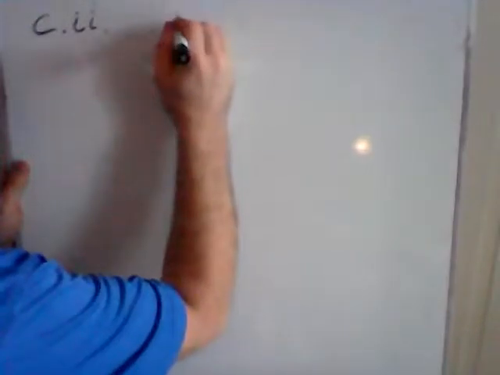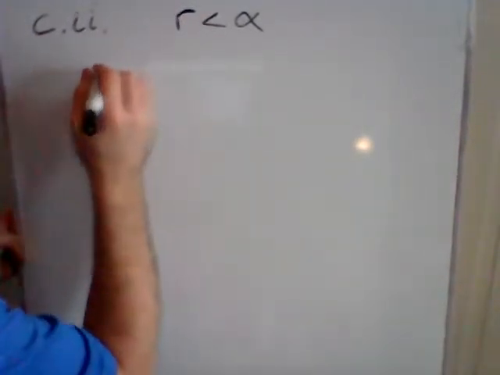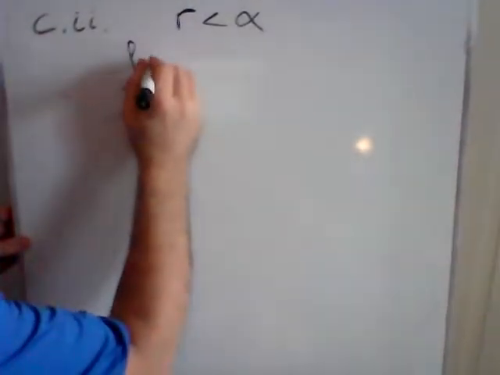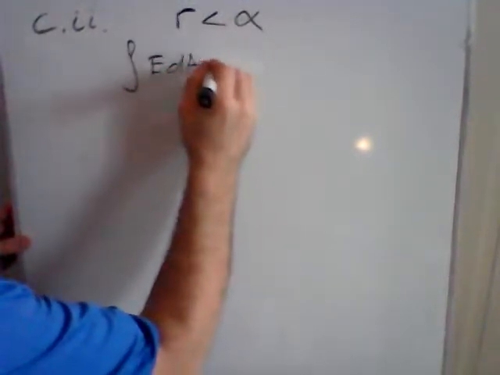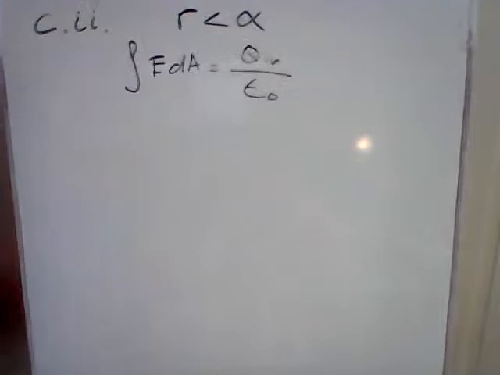So C2 asks specifically for r smaller than alpha. For that, we are going to need to find how much charge is actually inside, because to find the electric field, the integral of E dA is going to be equal to Q inside divided by epsilon naught.